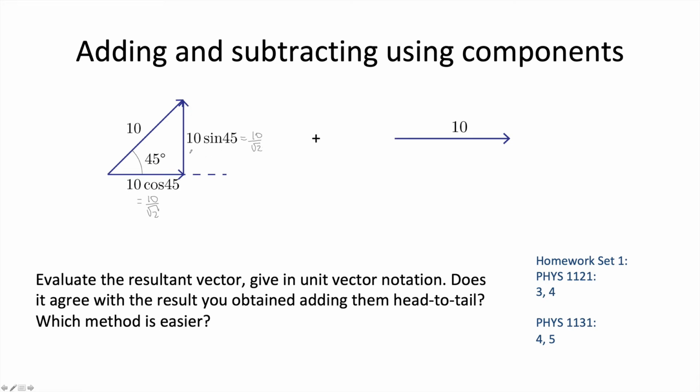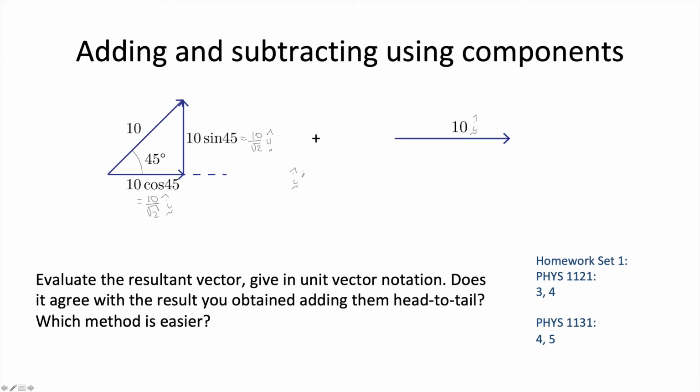So this one here is in the vertical direction, so this is J, and this one here is in the horizontal direction, so I, and this vector is in the horizontal direction, so this is I. So when we're adding vectors component-wise, we add all the vectors in the same direction.